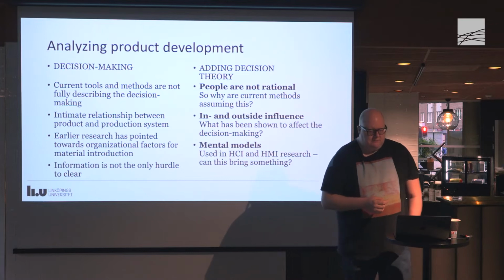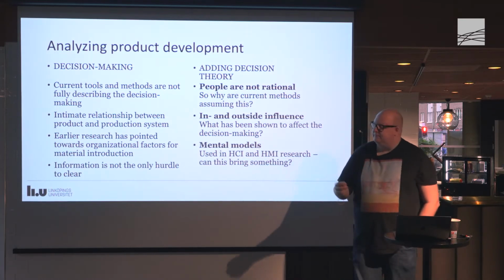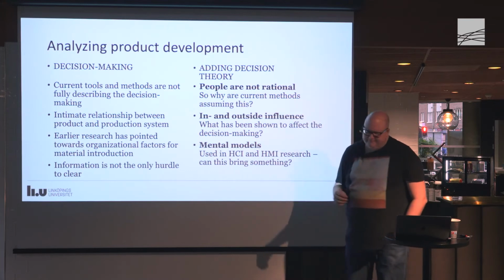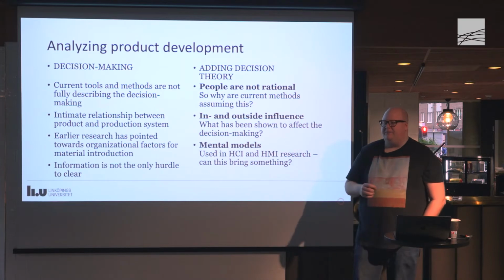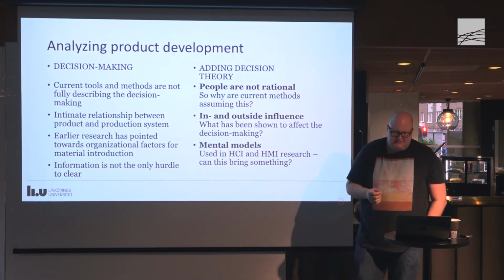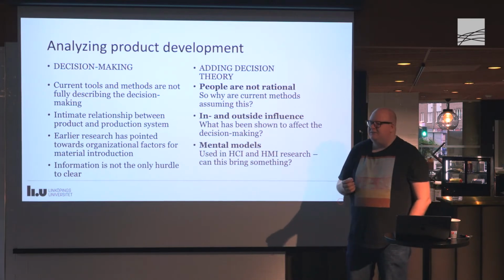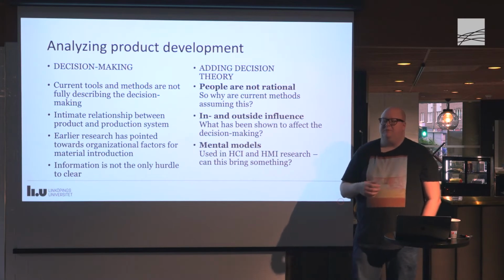And when I added a little bit of decision theory to look at these problems as well, decision theory is quite set on the part that people are not rational. As engineers, we might want to think that we're rational, and I think we can try to be, but we're not fully rational.